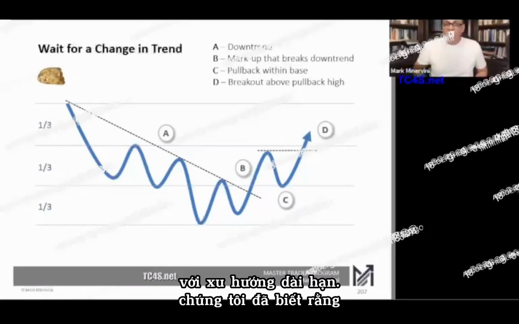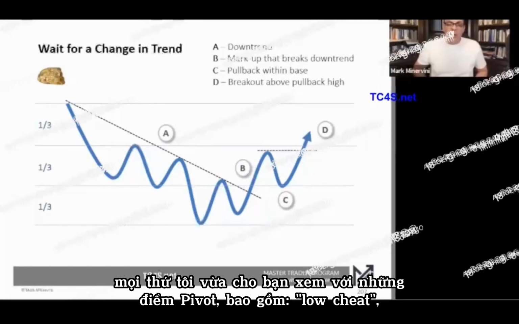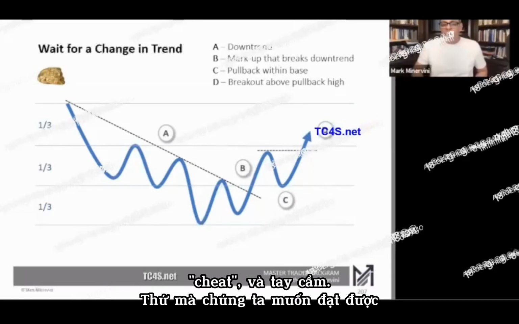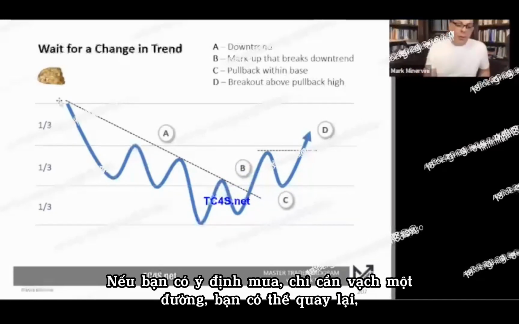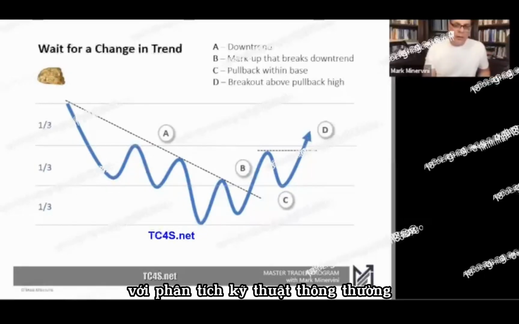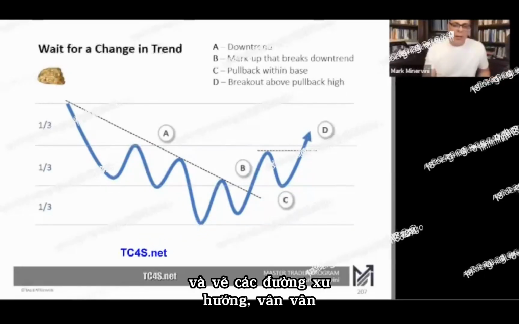So everything I just showed you with these pivot points, the low cheat, the handle, what that's accomplishing is that you're not just trusting a broken downtrend, right? You can go back into standard technical analysis and draw trend lines and so forth.